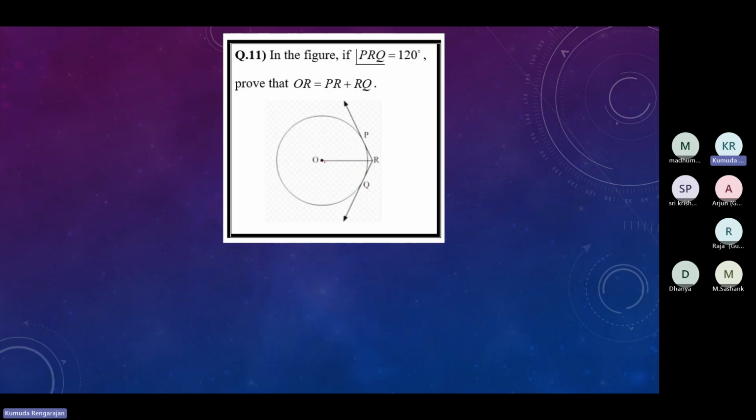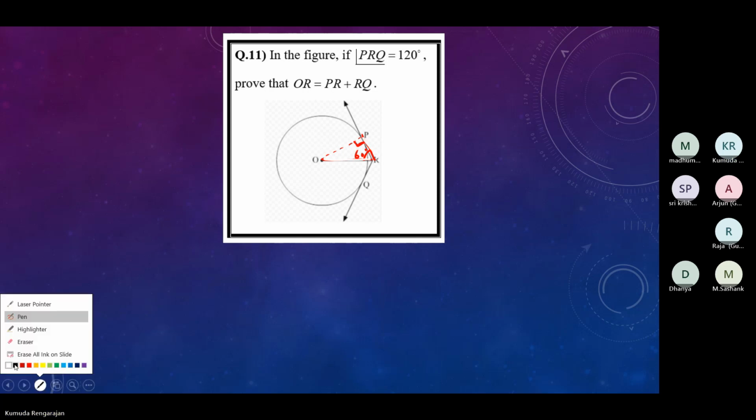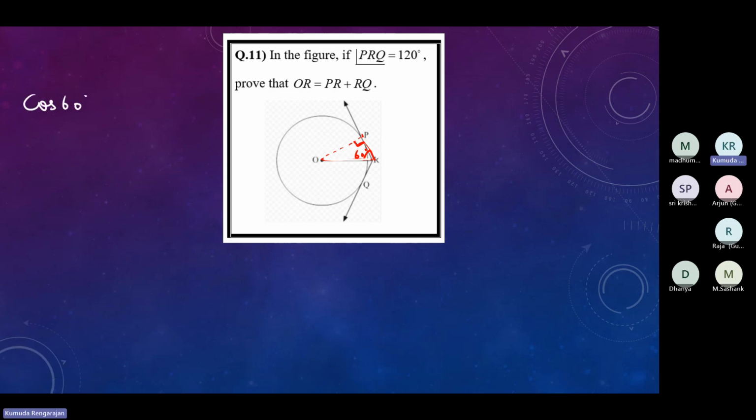Okay, so we'll take up this triangle. We need to connect this side OR and this side PR. We know that this is 60 degrees. And since it's a right triangle, you can use trigonometry. Now use trigonometry and connect this side and this side, because these are the two sides we have in the result. So then it will be cos 60 degrees.